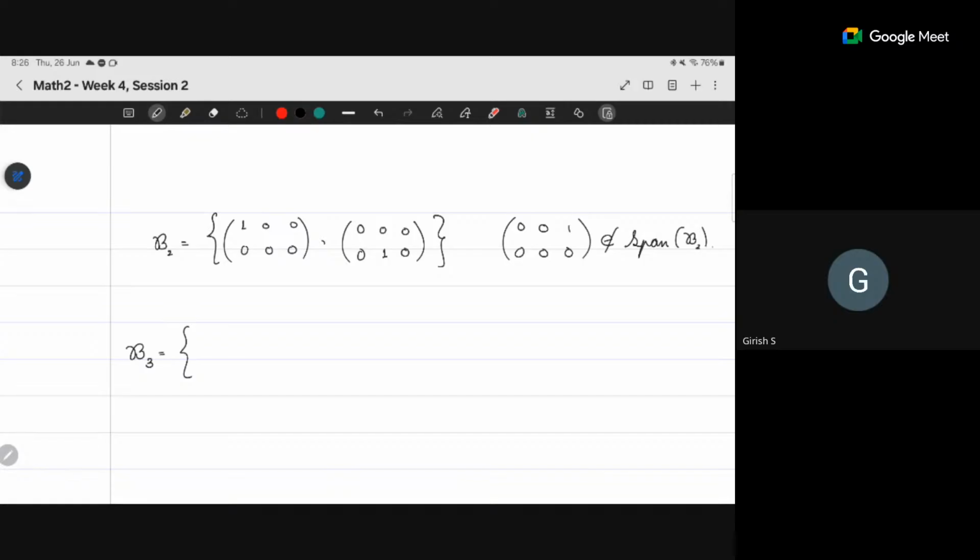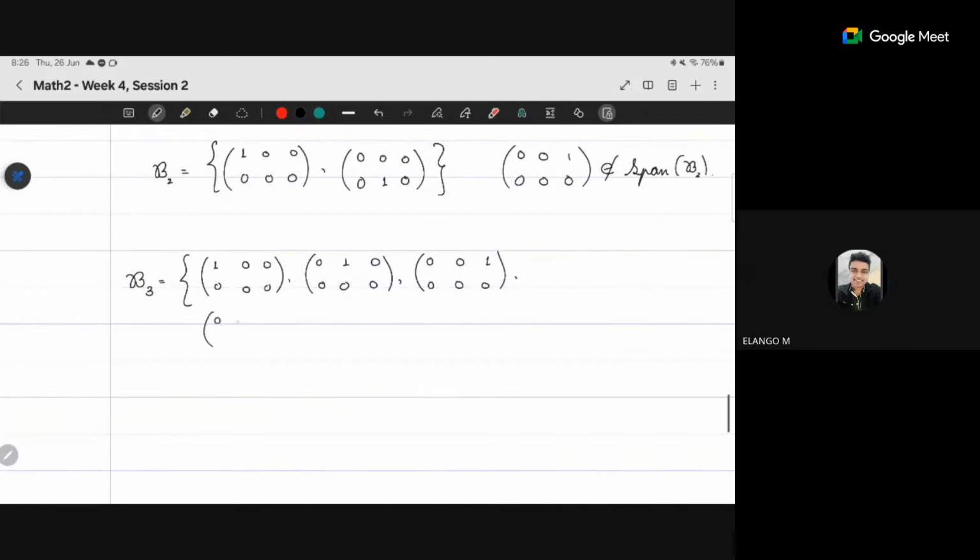Okay, that is correct. So for just this one time, I'll write it explicitly. It is having exactly one element as a 1. It is something like a standard basis for Rn.